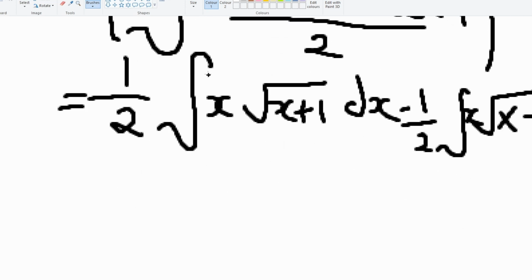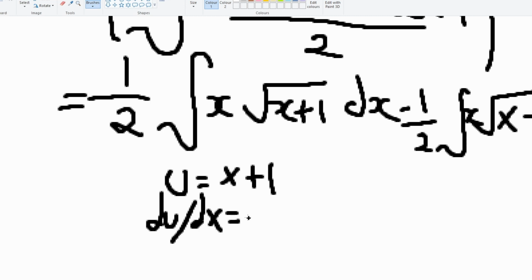So we're going to solve this integral first. So to solve this integral, we're going to use u substitution. So we're going to let u equal to x plus 1, such that then du by dx will be 1.